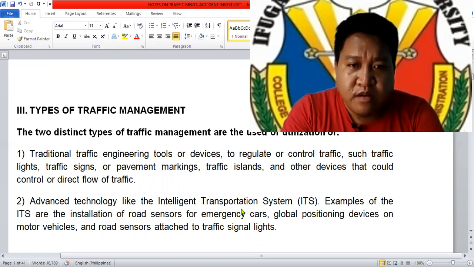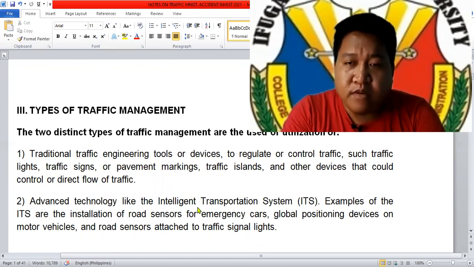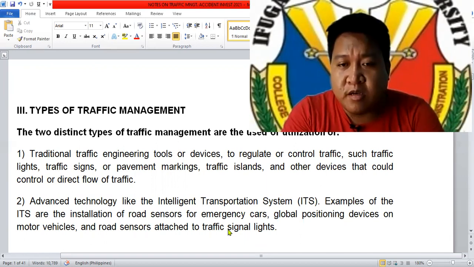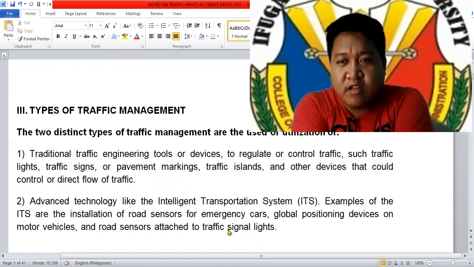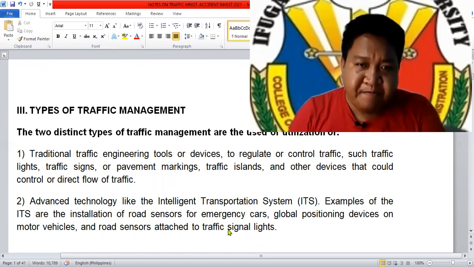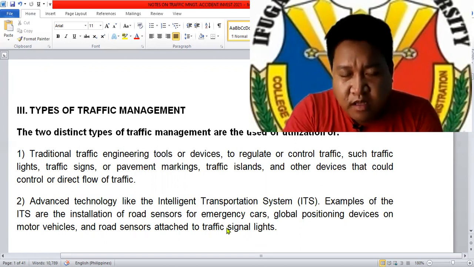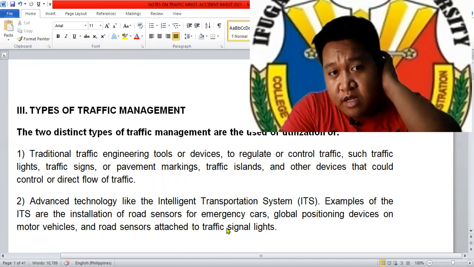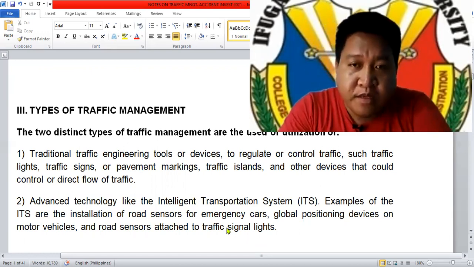So that number two approach of traffic management is mostly related to technology. But at the same time, they are the same. They are types of traffic management.